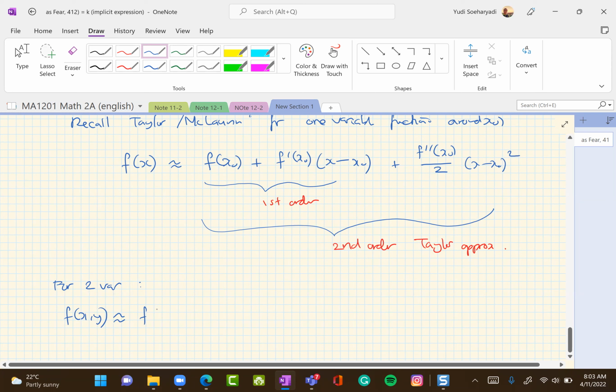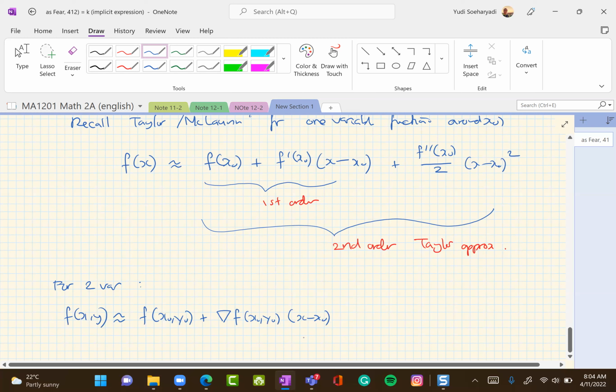That's f of x0, y0 plus, well, we know this, the f prime is replaced by the gradient computed at x0, y0, times this.